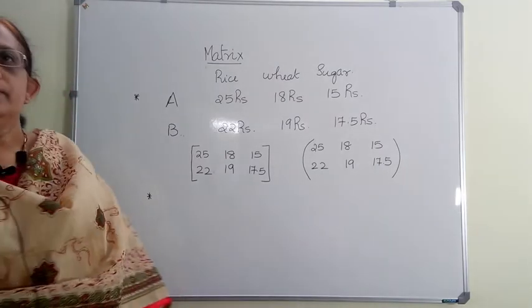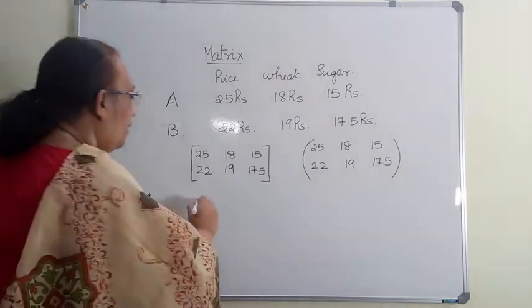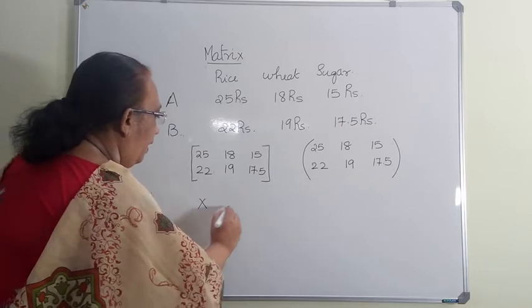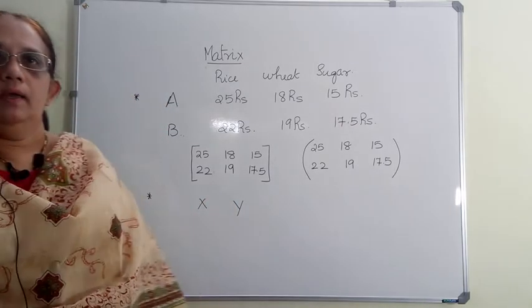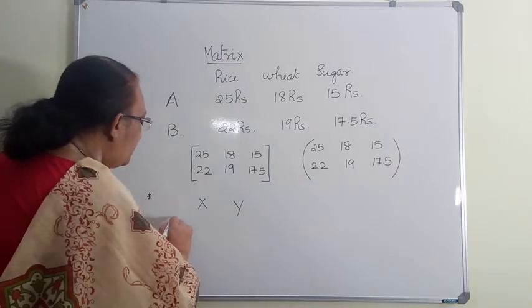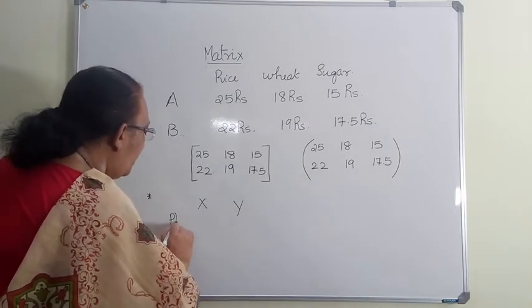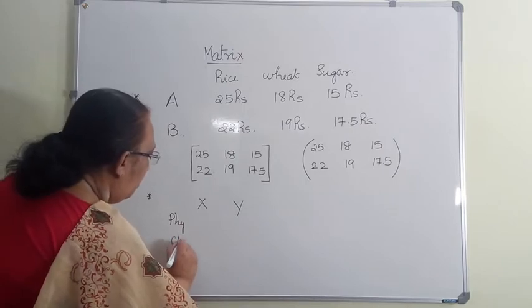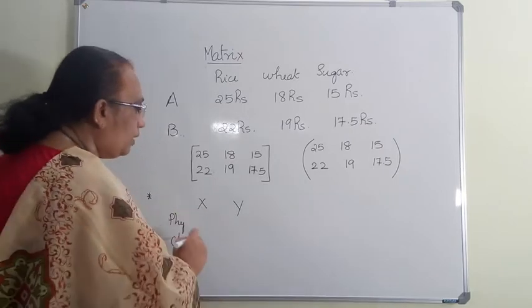Now, let us consider one more example. Let us consider two students, X and Y, in your class. Let us consider the marks they get for physics and chemistry, out of 10.